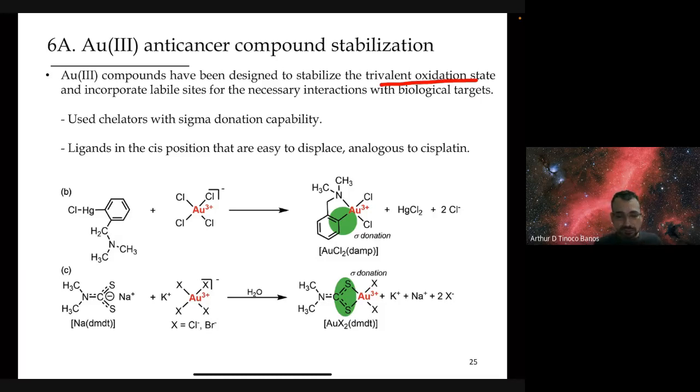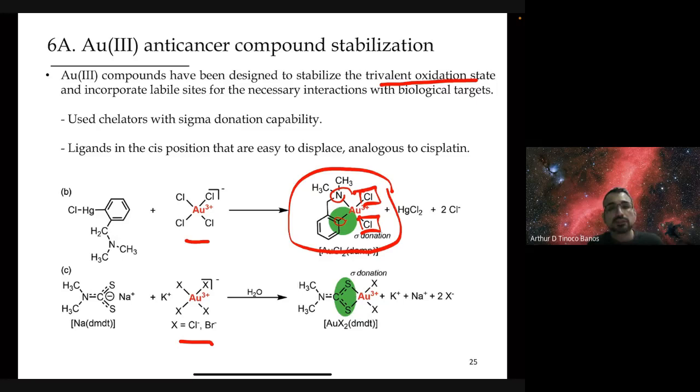All right, so here is just a representation of the formation of these types of compounds. For instance, we have this compound here, where you have a chelator that's coordinated to the gold, and you have then these two chloro groups, so that you form something that's analogous to cisplatin, because then potentially those chloro groups can dissociate.